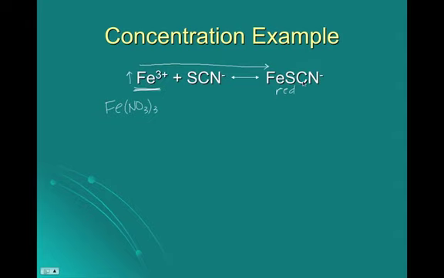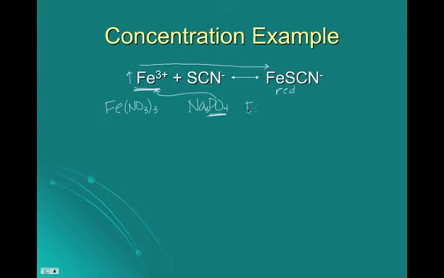Then what we're going to do is attempt to shift it back the other way. It's kind of hard to add this compound, it's not really going to do anything, but if we removed one of these two, then we could shift it back towards the left, and it's actually quite easy to pull iron ions out of solution by using anything with a phosphate ion, because this little phosphate ion, just like the hydroxides in the BTB reaction seek out the hydrogens, is going to seek out these irons.